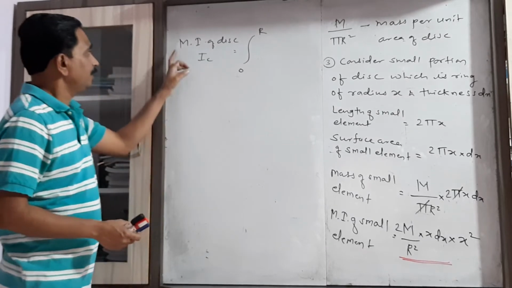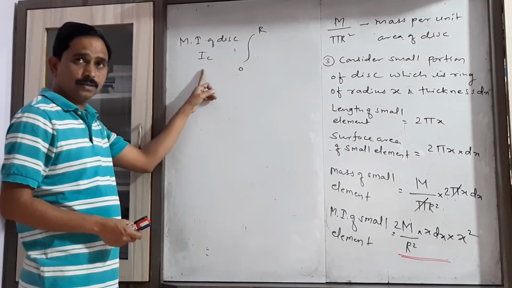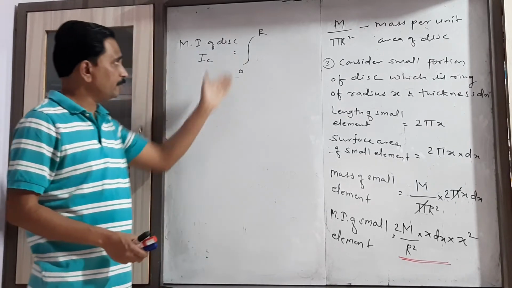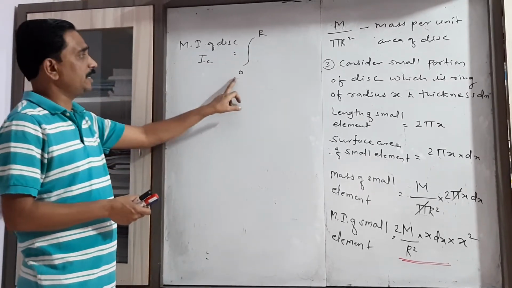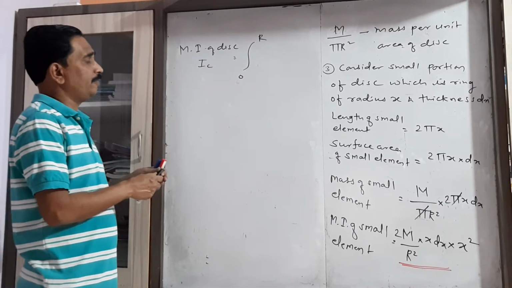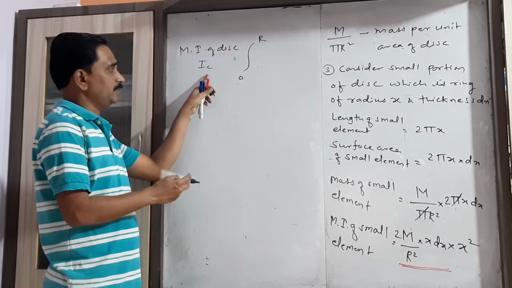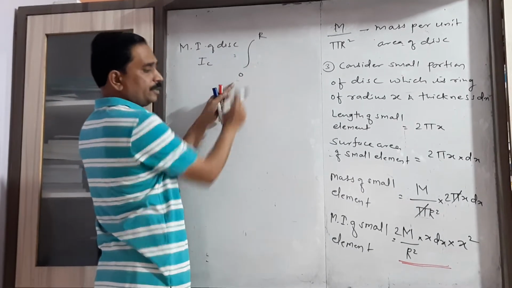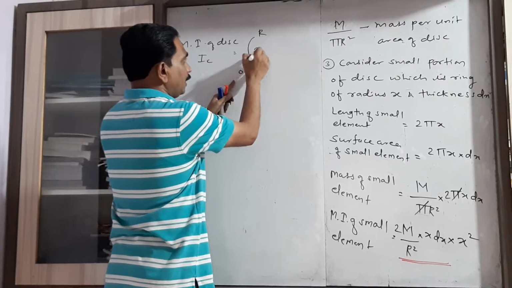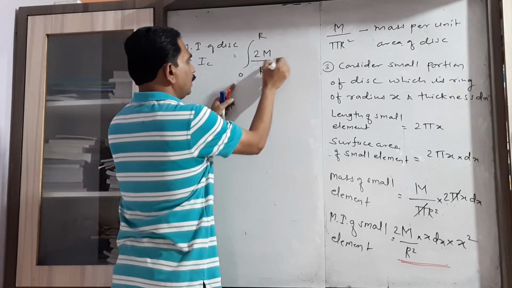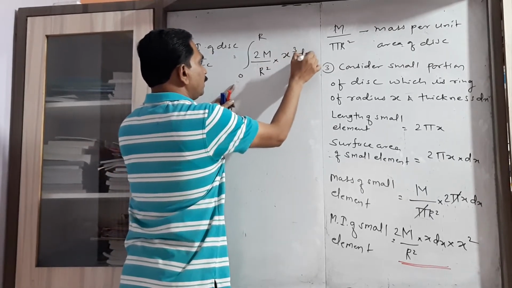Now to find the moment of inertia of a disk, you have to consider the moment of inertia of a small element, and we have to integrate it by considering the limit from 0 to r. So here MI of a disk about an axis passing through the center equal to integration to the limit from 0 to r, that is right here twice m upon r square into x cube dx.